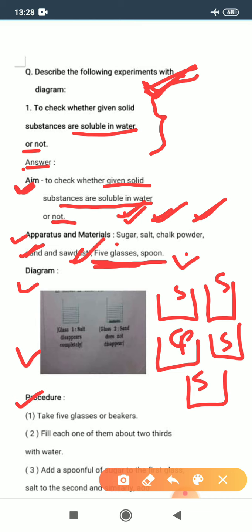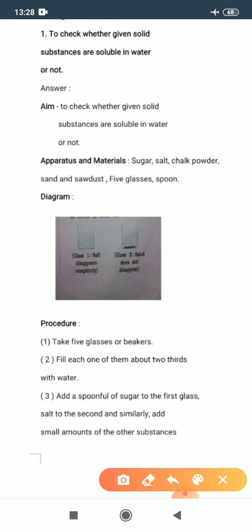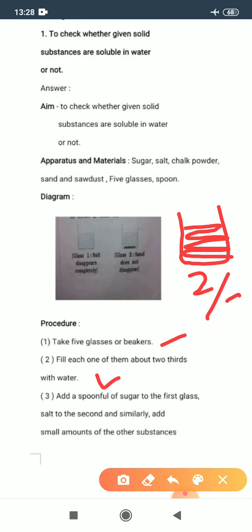So let's see the procedure how to conduct this experiment. Point number 1, take 5 glasses or beakers. Number 2, fill each one of them about 2/3 with water. Suppose this is one beaker and you need to pour water into this beaker by 2/3 with water.